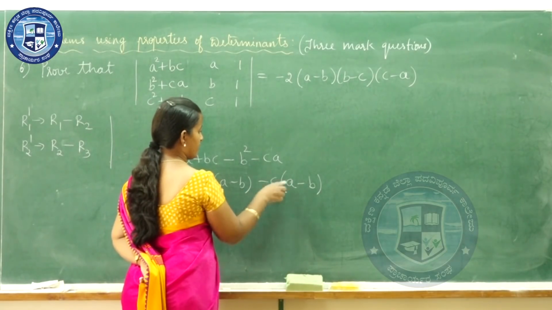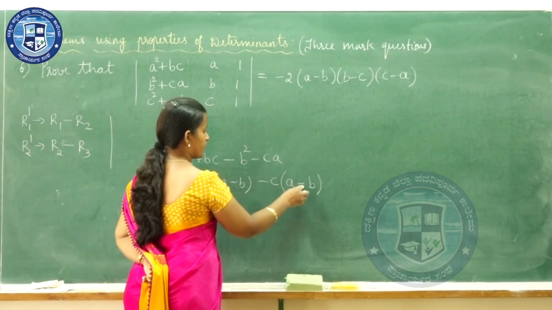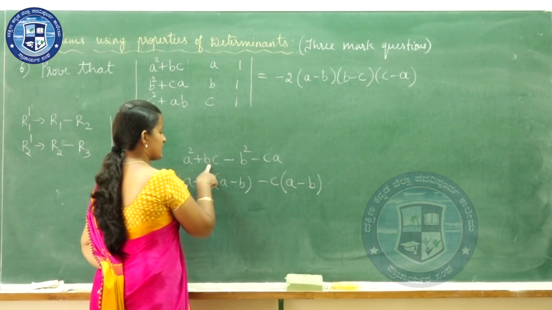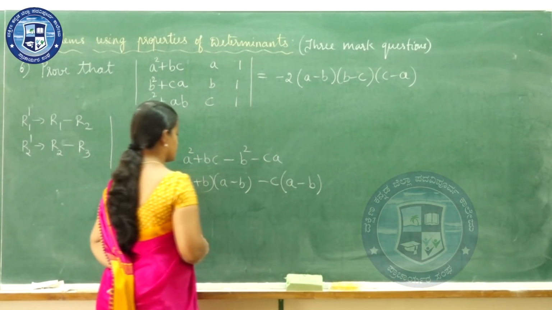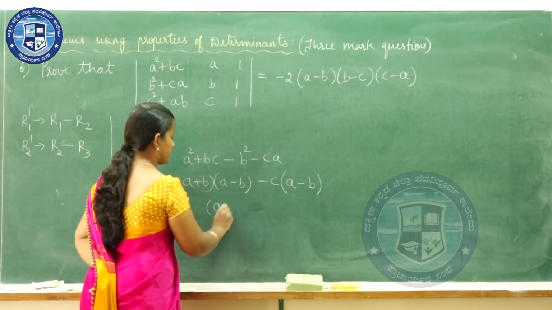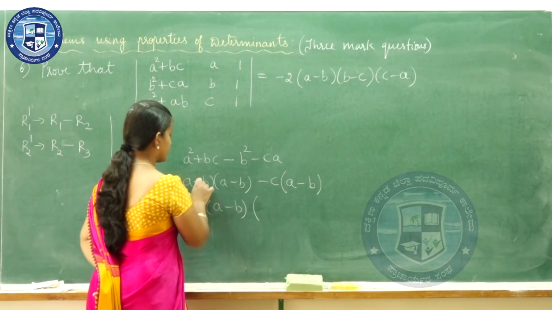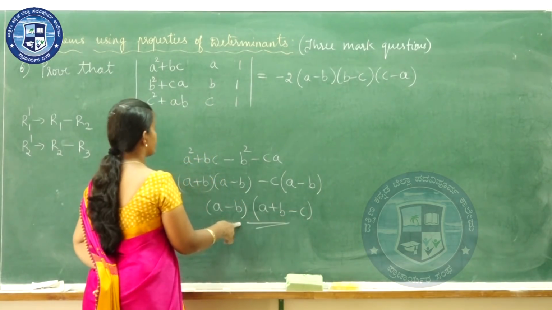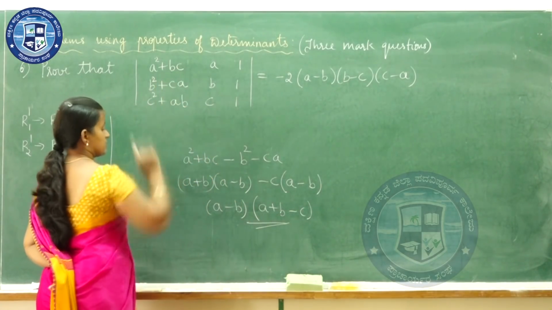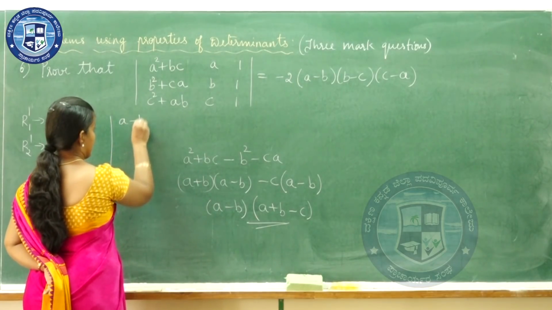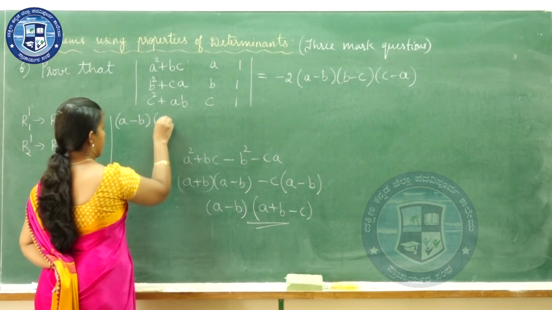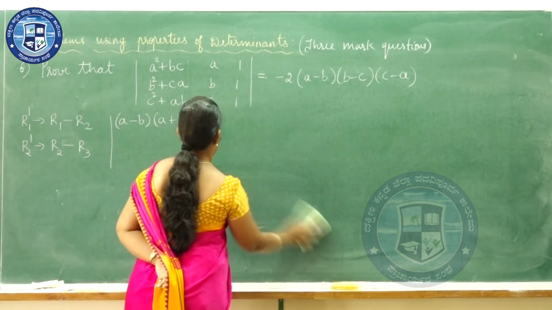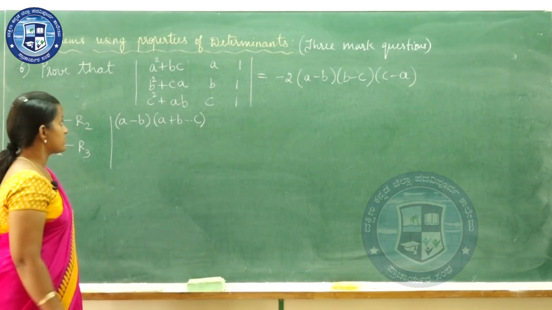So minus CA, minus into minus is plus CB, so you have plus CB. So minus CA plus BC can be written as minus C into A minus B. Now in these two terms, A minus B is common. What will remain is A plus B minus C. So this is the simplified form when you do this minus this. So I will write it directly, A minus B into A plus B minus C. You can make note of it at the side.